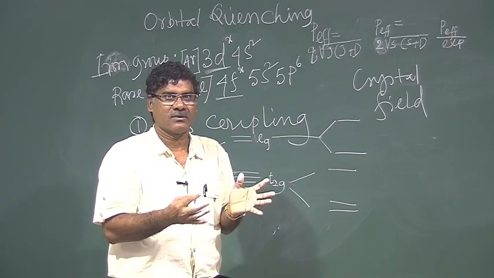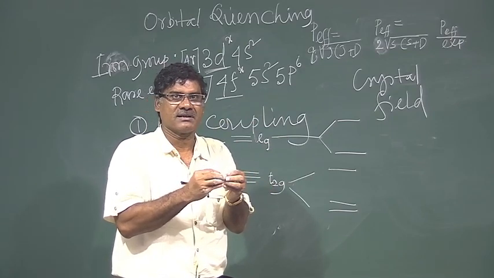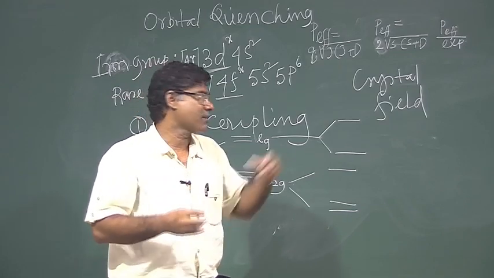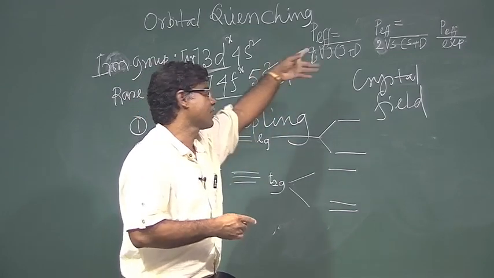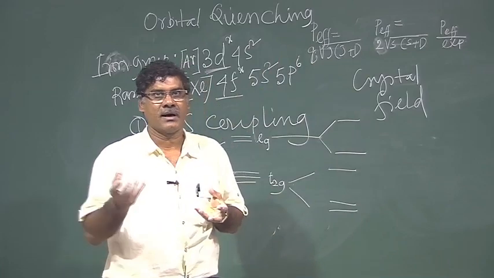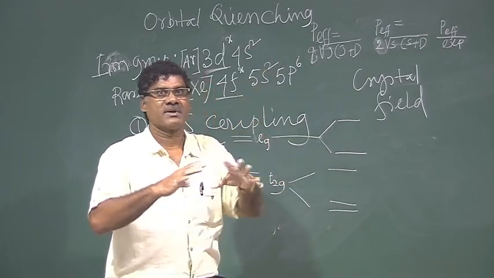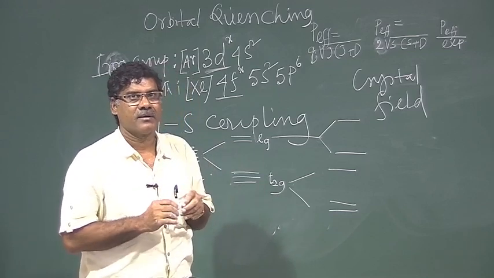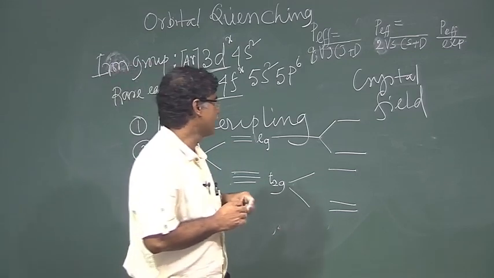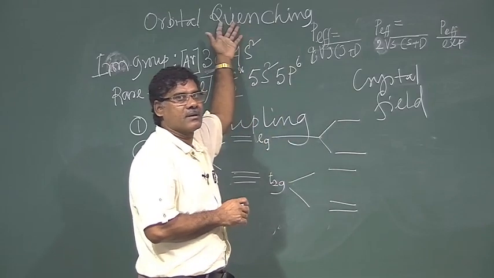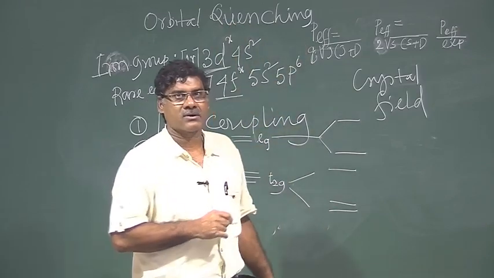So, the situation is different from the isolated ion. Whatever moment we have calculated, we calculated considering the isolated ion. So, the result is different because of this crystal field, and that is the reason for quenching, orbital quenching. So, I will stop here. Thank you.